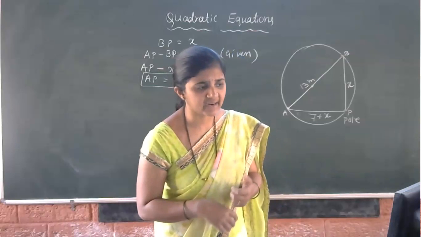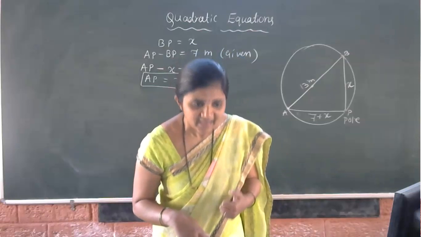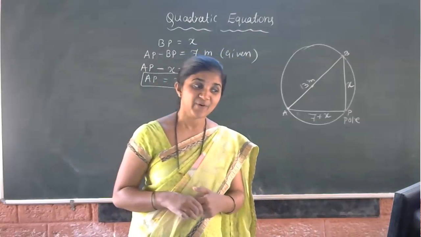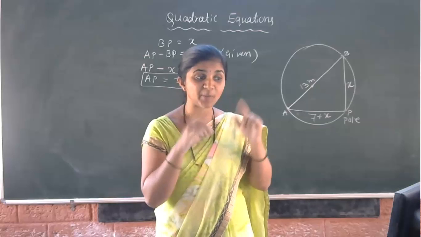Why is it a right angle triangle? As the angle subtended by the diameter. You all know one topic, the circle topic in 9th standard.